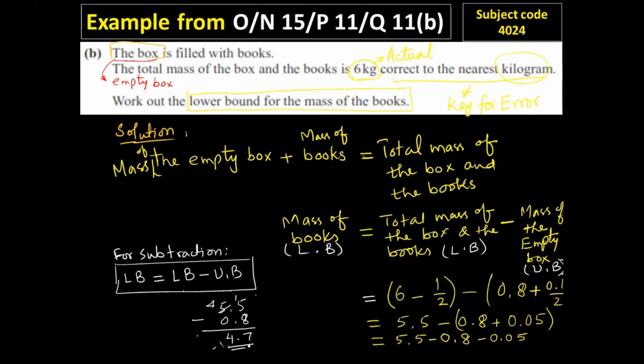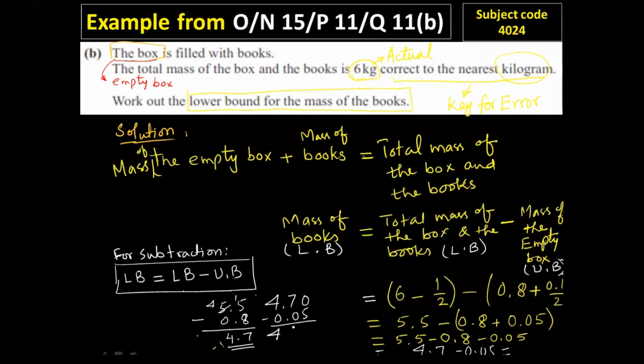Then 4.7 minus 0.05 will be 4.65. So 4.65 kilogram is the final answer.